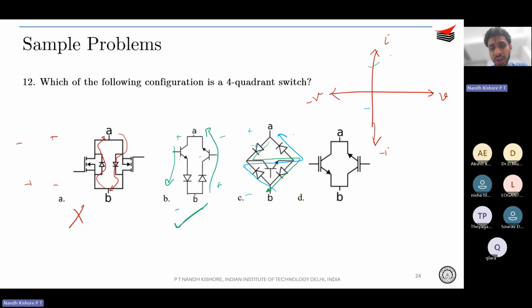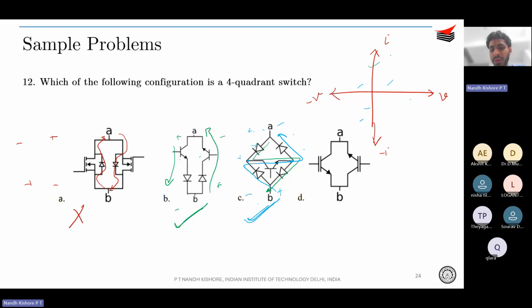This diode cannot block, but this BJT can block, right? So it can block positive voltage. And can it block negative voltage? You apply a positive over here, so obviously you get a positive here and negative here. So it can block bidirectional voltage and it can conduct bidirectional current. Simply apply positive voltage across A to B, negative voltage across A to B, positive current and negative current. You find out a potential path for blocking and conducting, and you will get the answer. So yes, B and C can be bidirectional devices.